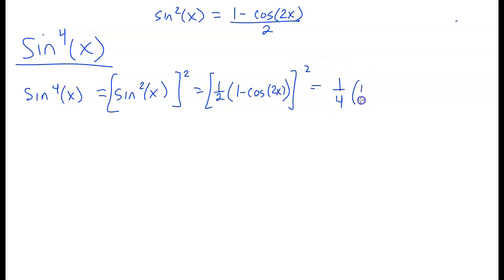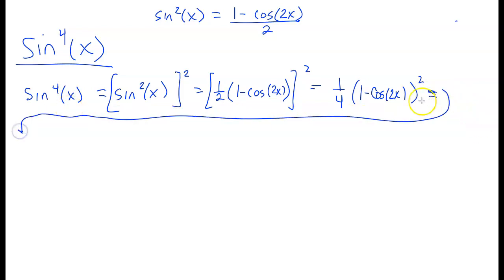And of course we would have 1 minus cosine of 2x quantity squared here. And from that, we would just multiply out the 1 minus cosine of 2x quantity squared. And if we do that, we'll get 1 minus 2 times cosine of 2x plus cosine squared of 2x.